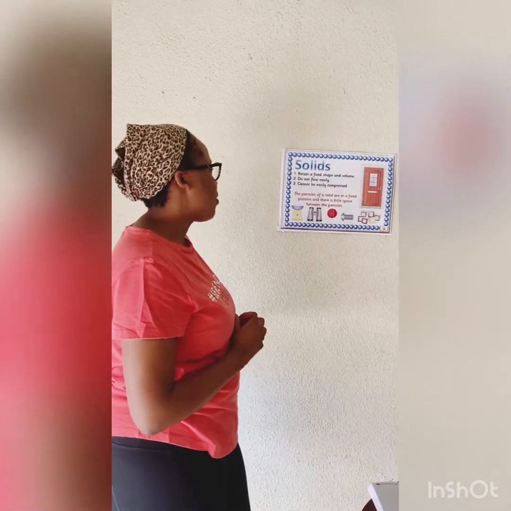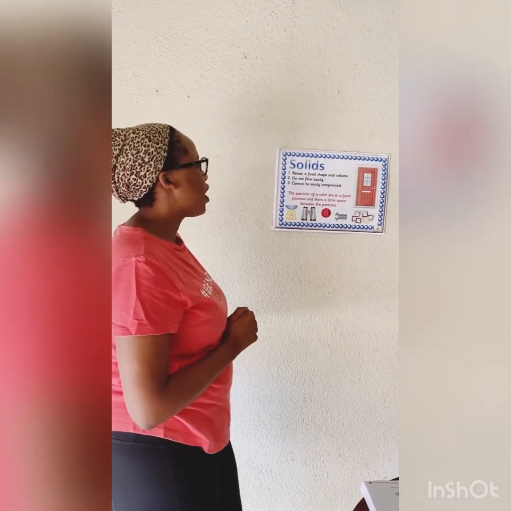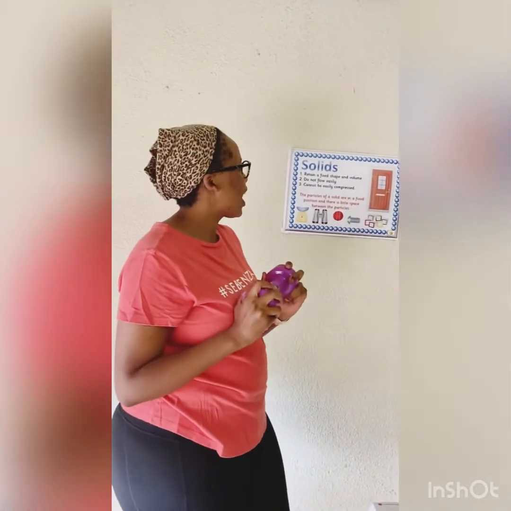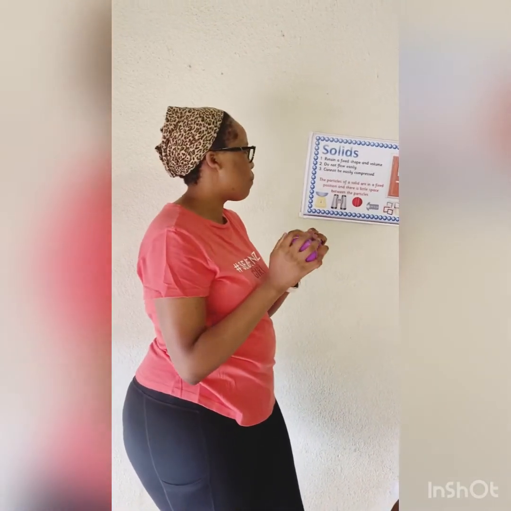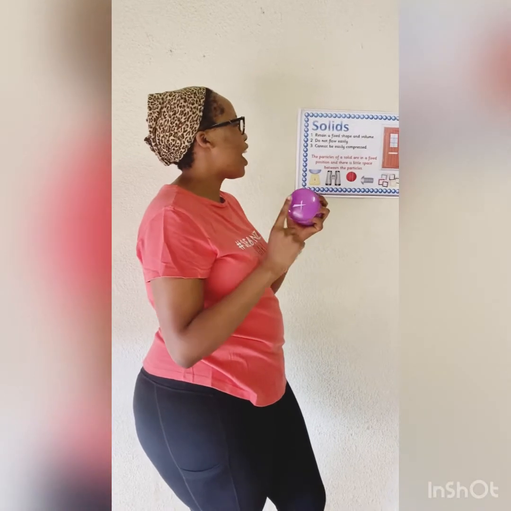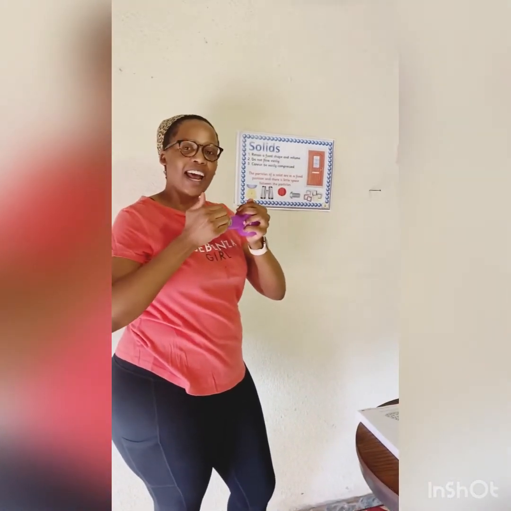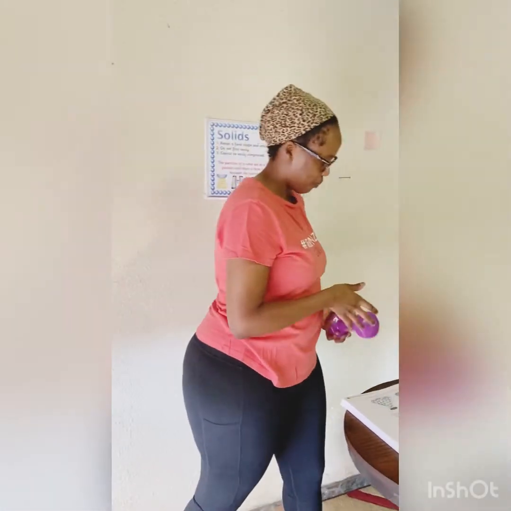The third characteristic, they cannot be easily compressed. An example I brought into class are my dumbbells. Now they show all the characteristics simply because they have a fixed shape and a fixed volume. They do not flow and cannot be compressed easily. So no matter how much I press on it, I cannot change its shape.